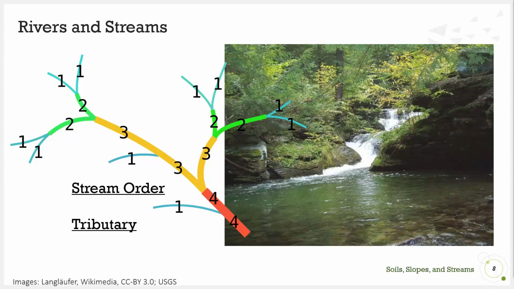Stream order is a method for classifying or ordering the hierarchy of natural channels. There are a number of different classification schemes, and I've shown one here, but in general, stream order correlates well with drainage area, and small order channels, such as this little tributary here, flow into larger order channels, such as the Esopus River in the foreground.